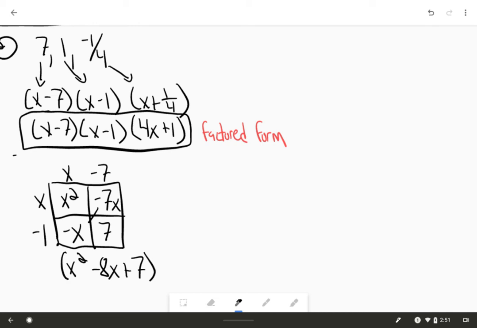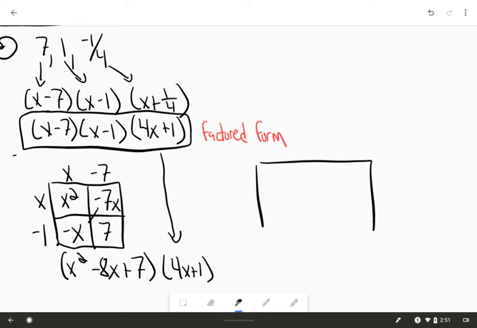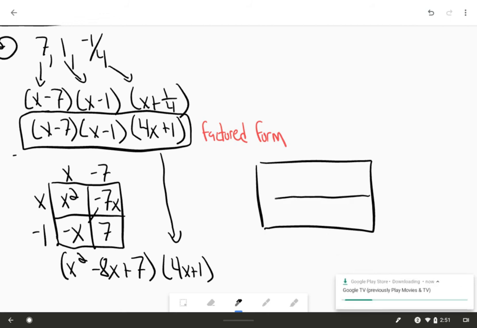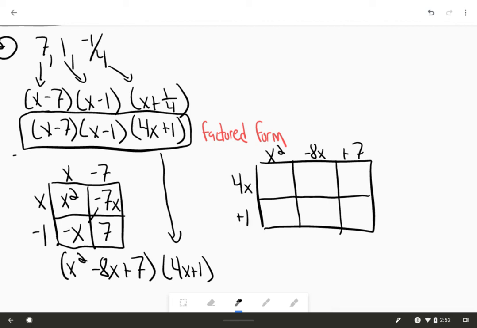Now we'll take that and we'll multiply that by 4x plus 1. So we'll set up the box method a second time. All right, and we get x squared minus 8x plus 7. Okay, and then 4x plus 1 down here. And let's go ahead and multiply this out.